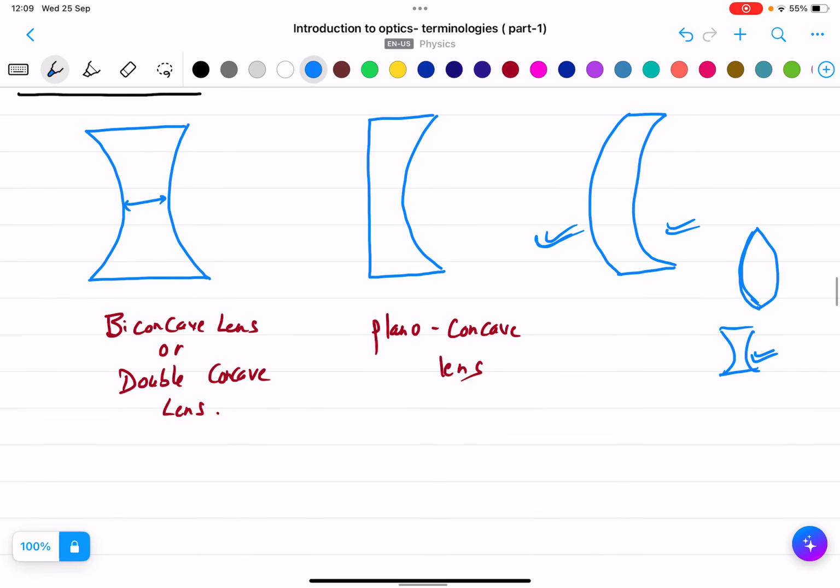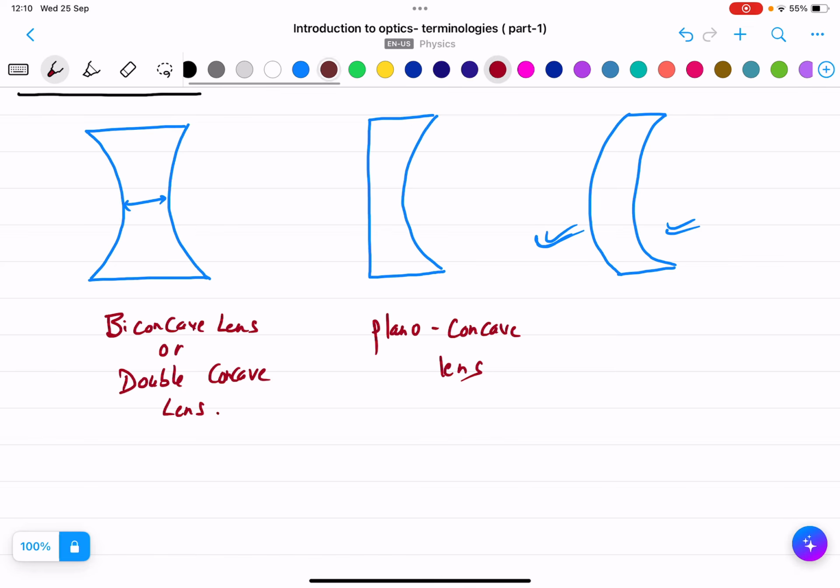So it is basically a concave lens, but a part is convex lens. So the name of this lens is convexo concave lens. I hope this is clear to you now.